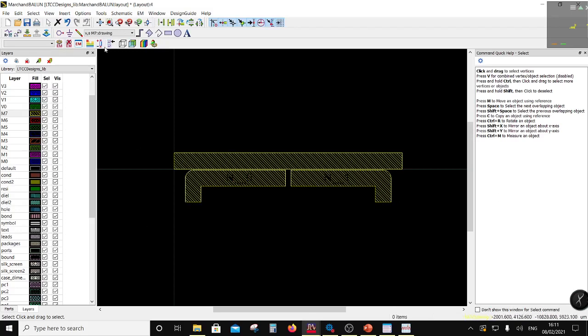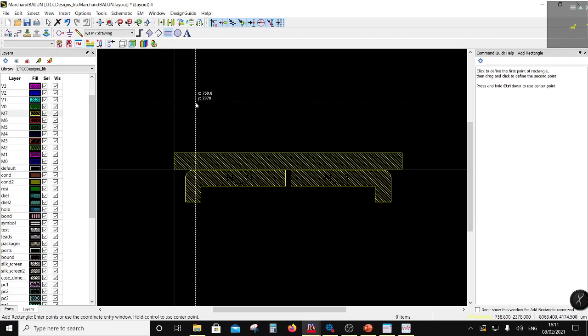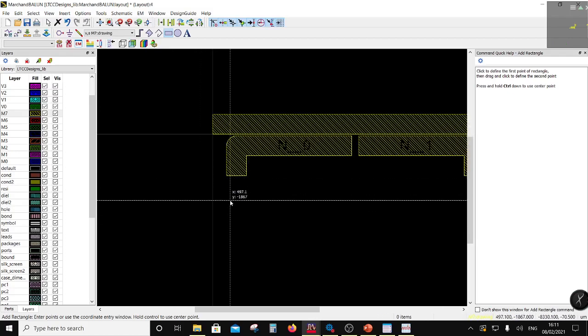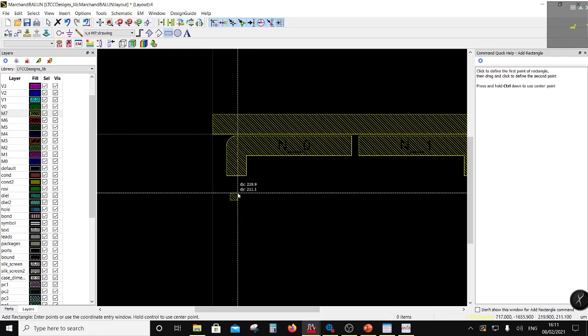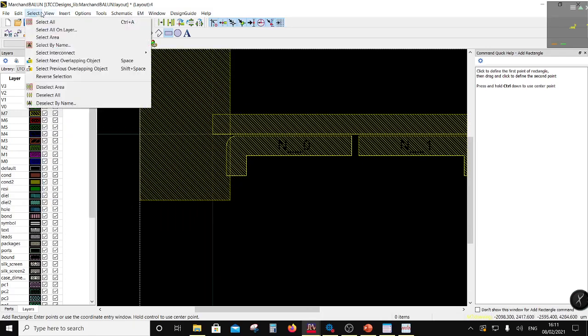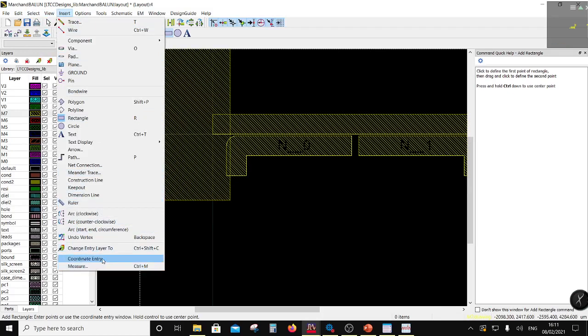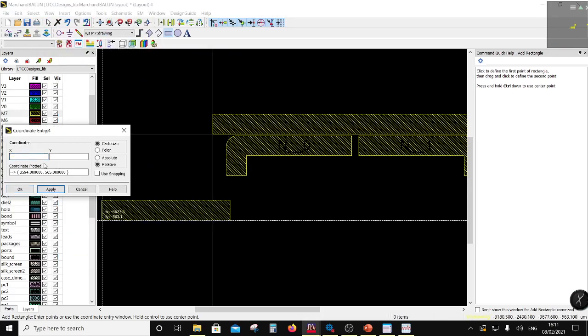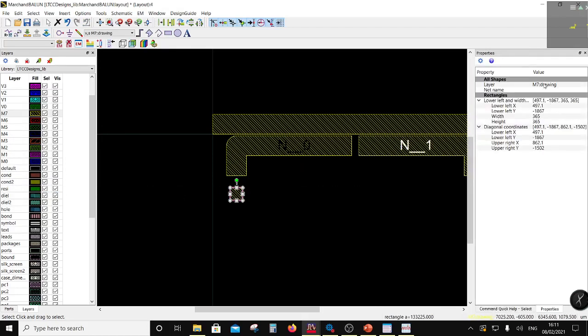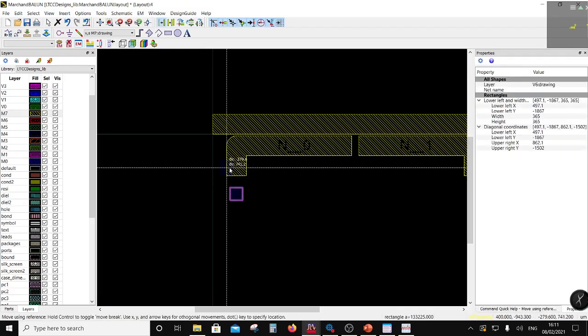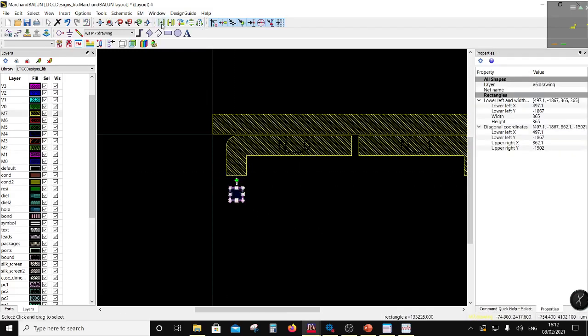So what I'm going to do is I'm going to choose, this is 565, right? So 365, insert coordinate entry, 365, 365. Okay, so this should be via 6. So this has to be kept somewhere in the center.